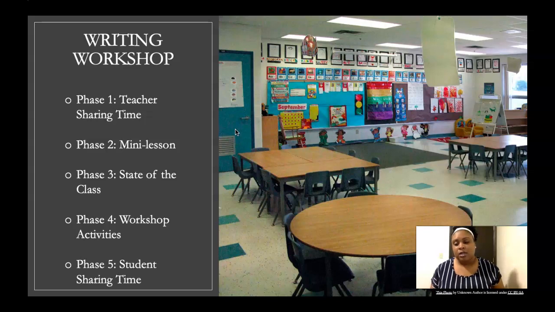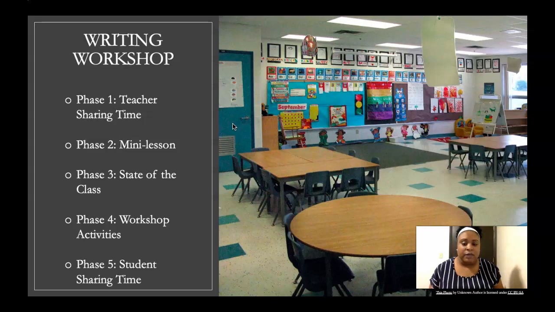Okay. Now we're going to talk about phase 4, workshop activities. Now, this is a longer phase. It's about roughly 30 minutes. So, students are going to be pre-writing, they're going to be working on their drafting, they're going to be revising their writing.